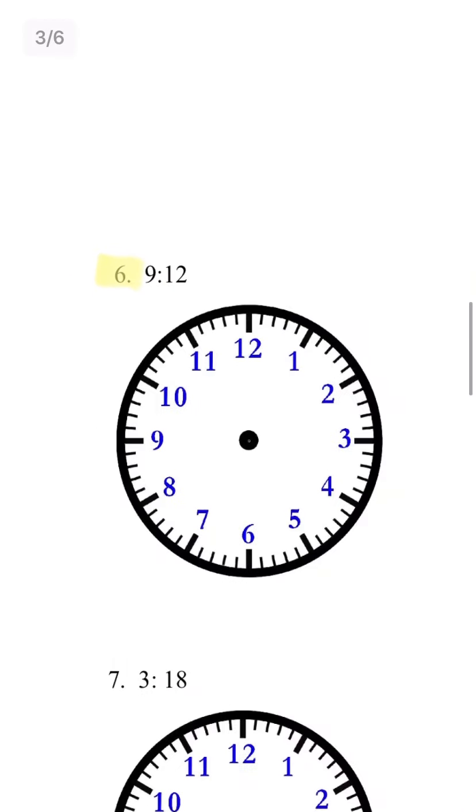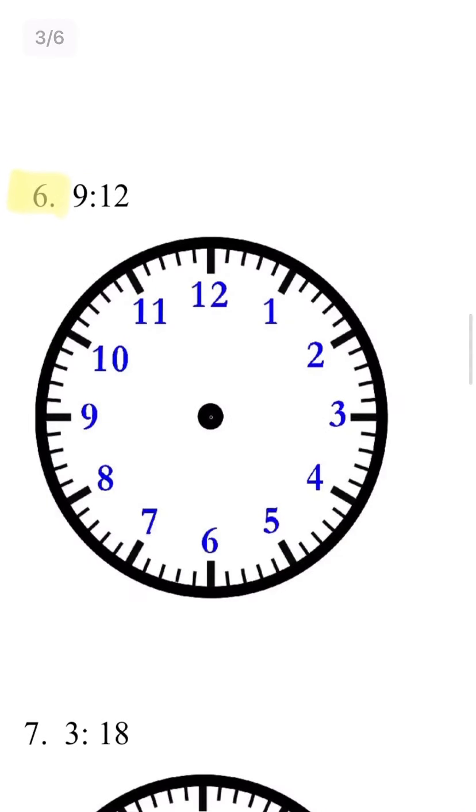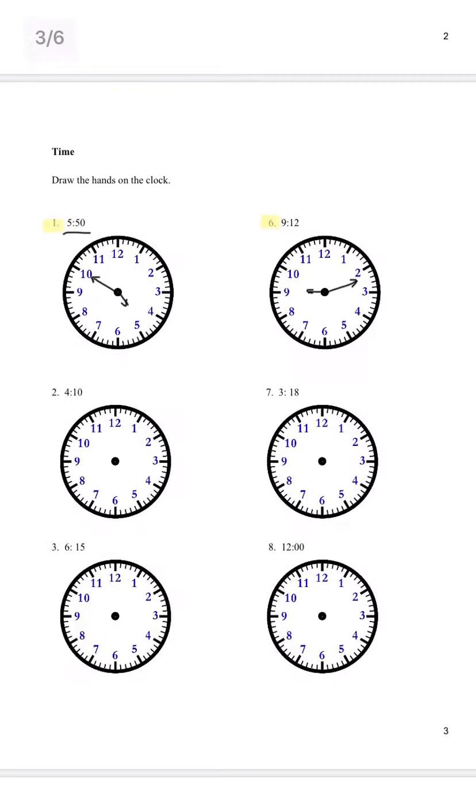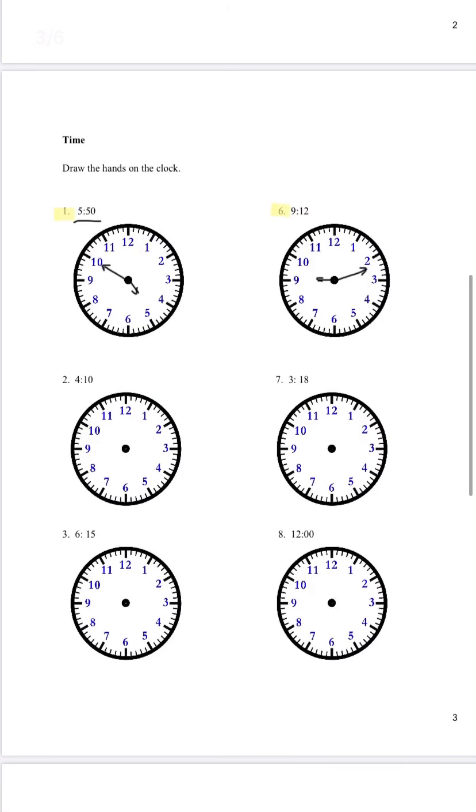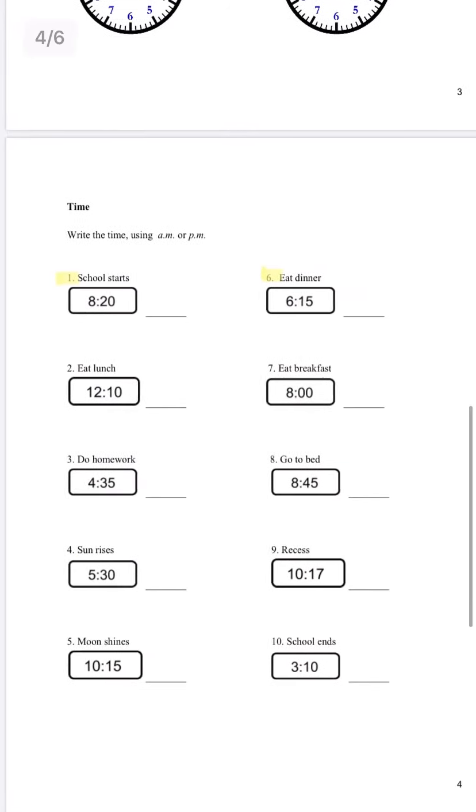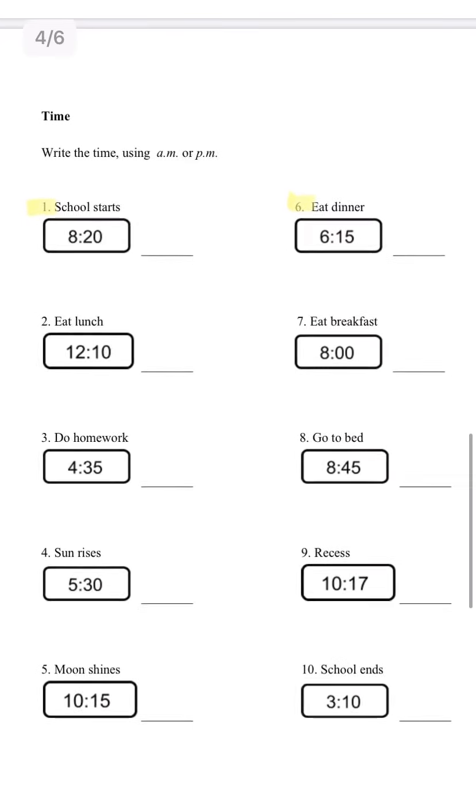And then number 6, 9, 12, so 9, and then 12. Okay, so hopefully you guys should be familiar with the clock and then the time. So go ahead and finish this. And let's move on to, again, time.